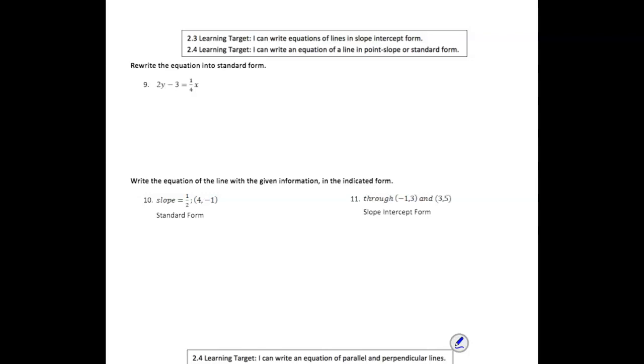So, what is slope-intercept? What does that look like? Okay, y equals mx plus b. Point slope. What does that one look like?